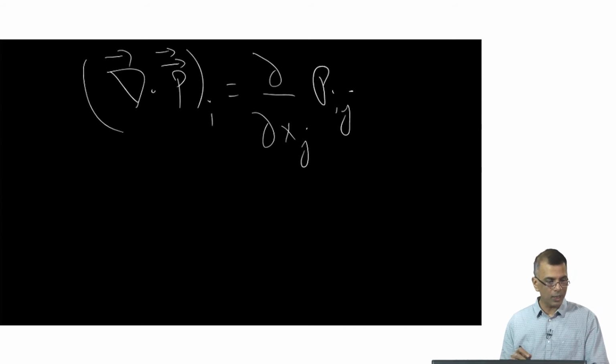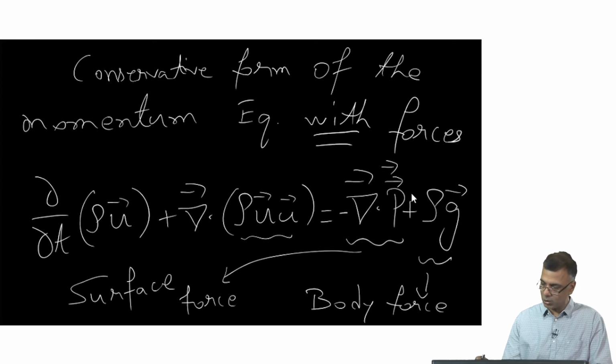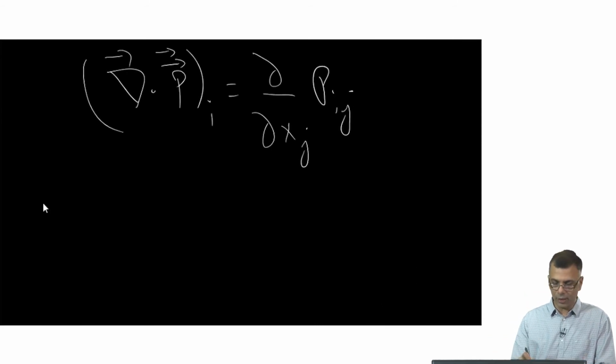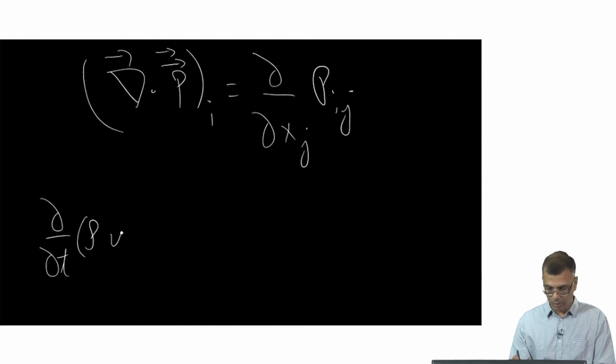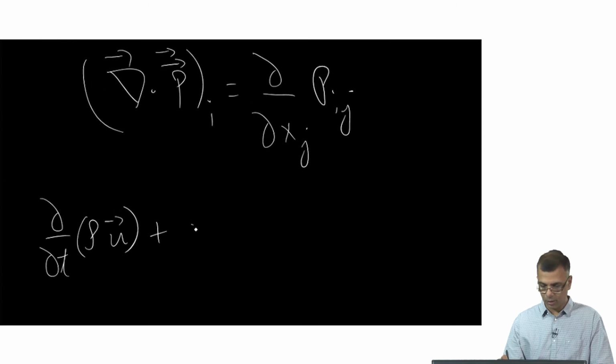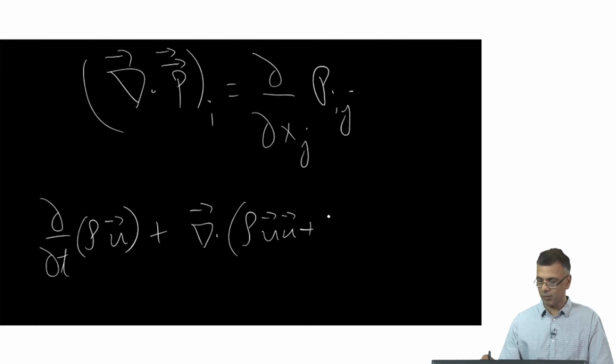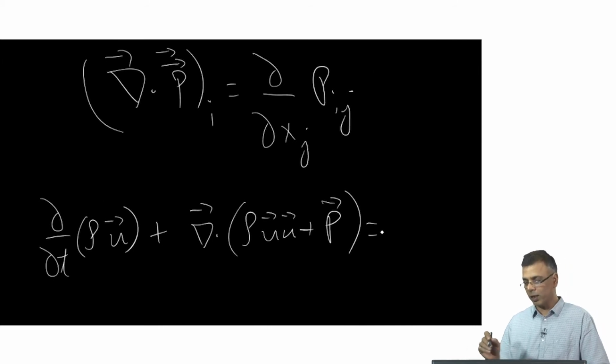You can actually absorb this term in here, so that you can write the momentum equation finally as this, plus the divergence of the quantity we already had, plus P, equals, if I want to include the body forces, I can include it, but for the time being, if we neglect the body forces, I can write this as 0.